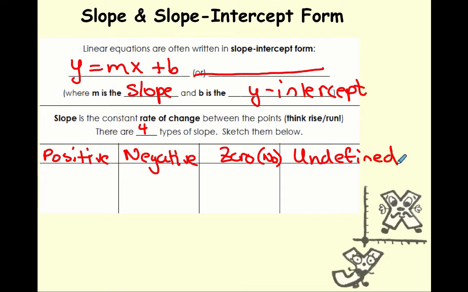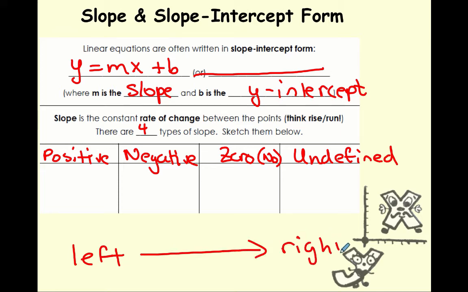Anytime you're reading a line, you always read it from left to right. So in order for it to have a positive slope, as you go from the left side to the right side, it has to be going up. For a negative slope, it has to be going down. For a zero slope, it's a horizontal line.